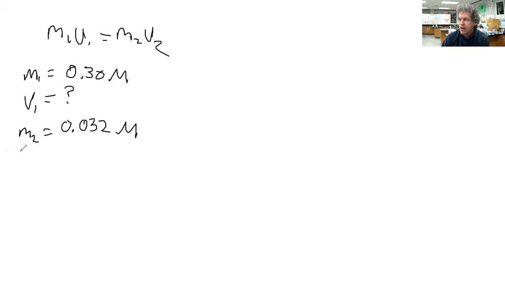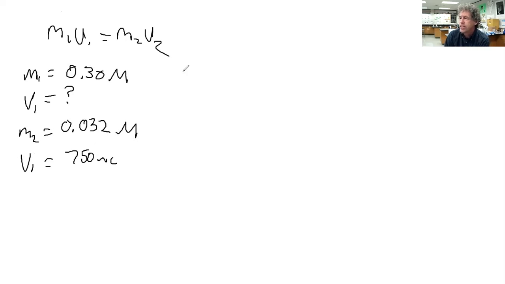In this problem, our M1 equals 0.30 molar. Our V1 is what we're solving for. Our M2, the final molarity we want, is 0.032 molar. And our final volume was 750 milliliters.